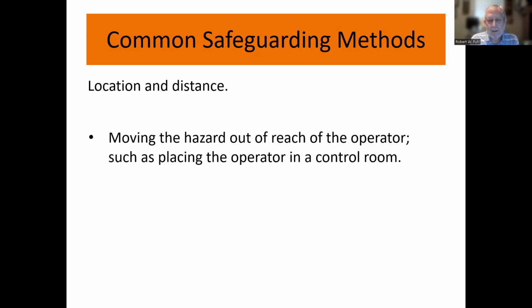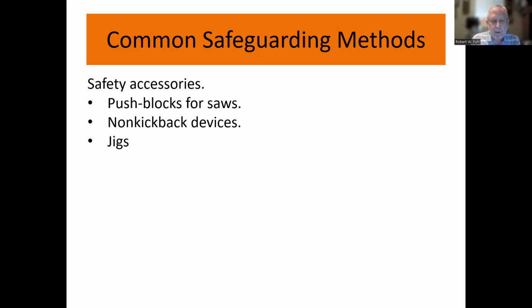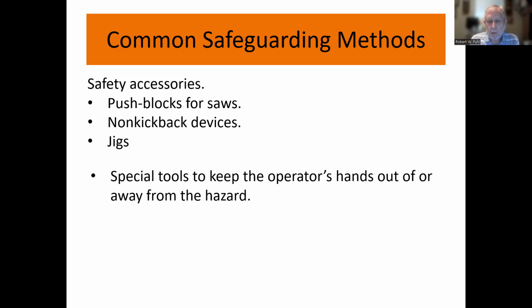Location and distance move the hazard out of the reach of the operator, such as placing the operator in a control room, maybe. Safety accessories: push blocks for saws, non-kickback devices on saws too, and jigs to hold a part that you're working on or moving, to keep your hands away from the point of operation. Special tools keep your operator's hands out of or away from the hazard.